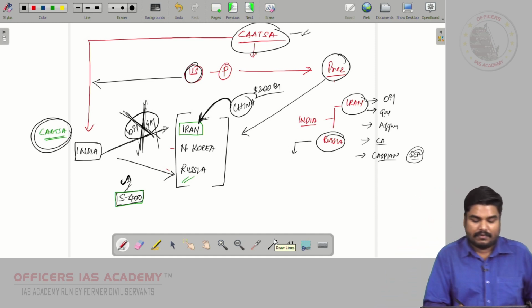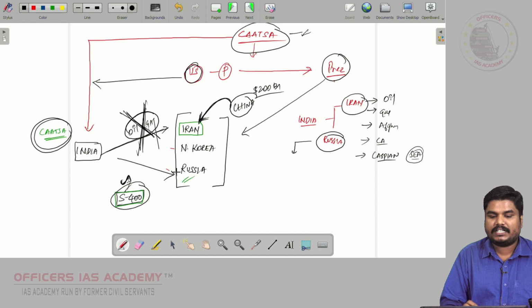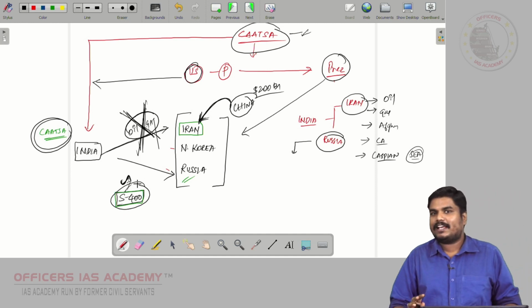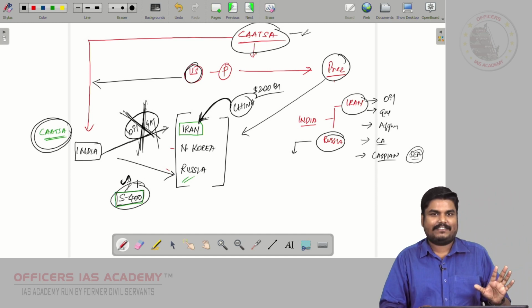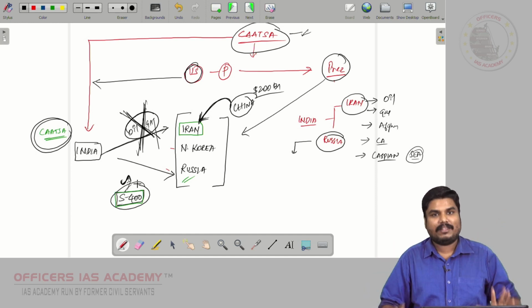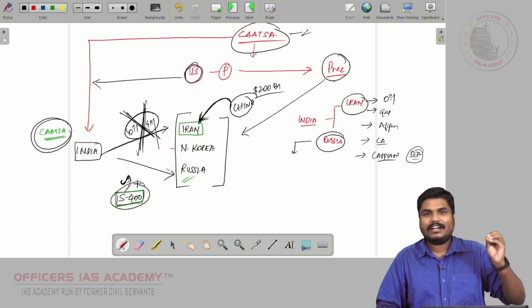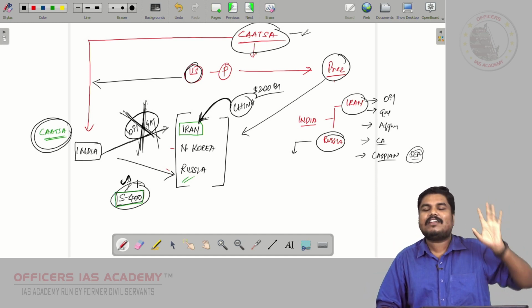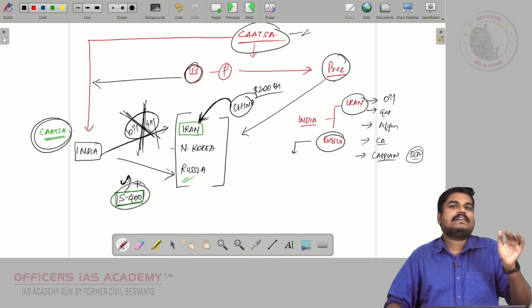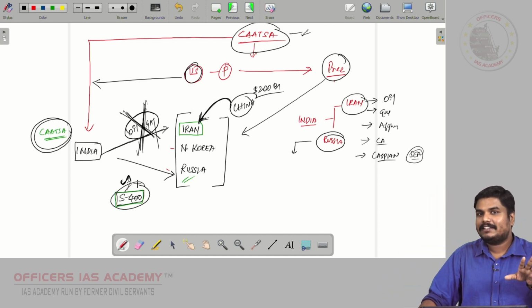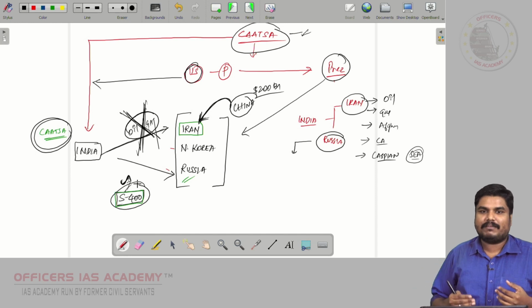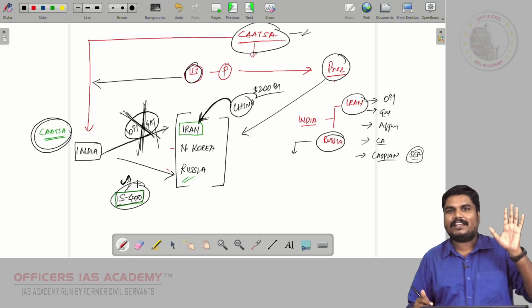With respect to buying S-400 from Russia, USA has not explicitly said that CAATSA will not be imposed. But however, USA is remaining silent on our buying it from Russia because we stopped buying oil and gas from Iran.